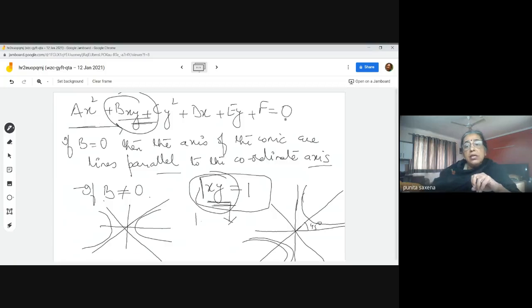See, your original equation is in terms of xy. That means I need the sketch, I need the conic in my xy plane, but I need to trace with the help of the procedure that we have learned so far.